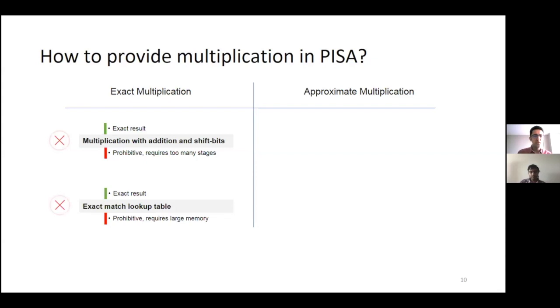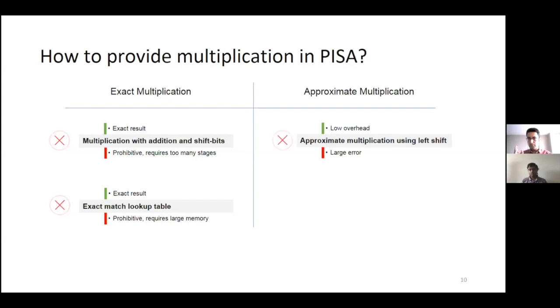So that approach is not practical. Another way is to use an exact match lookup table, but unfortunately this approach also requires a prohibitively large memory, because having all of the different combinations of the two numbers would require large memory. So neither of these two exact multiplication approaches is implementable and practical in switches.